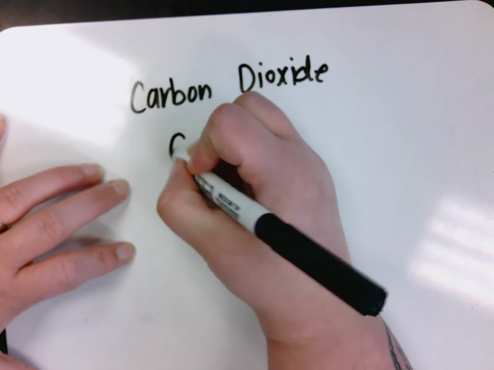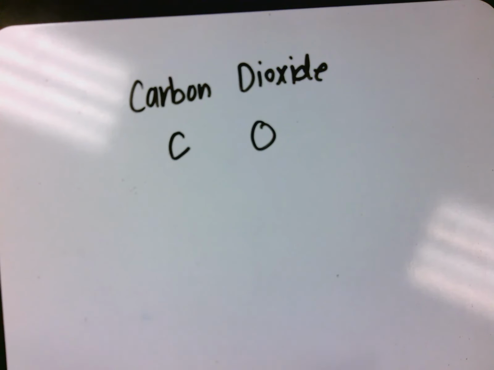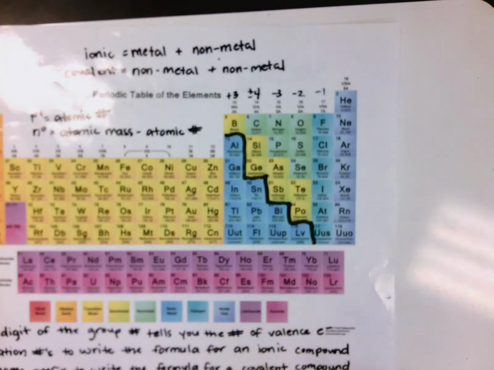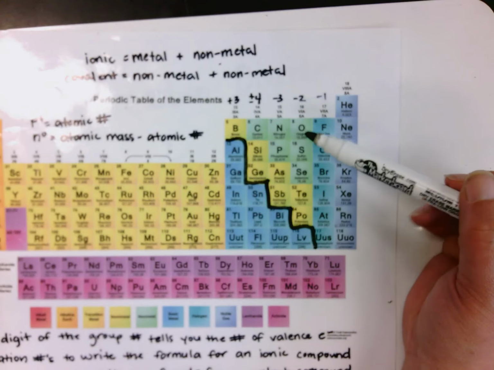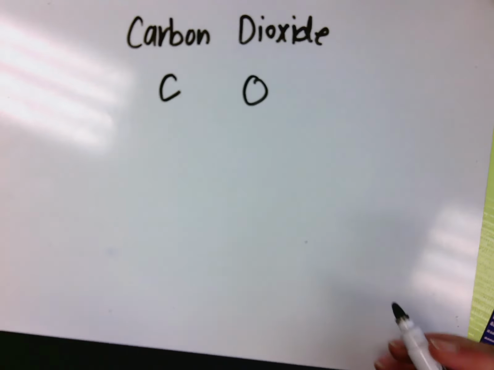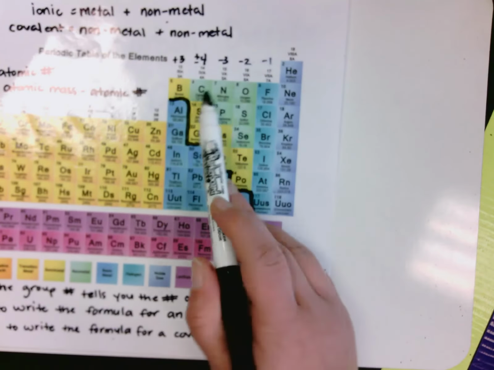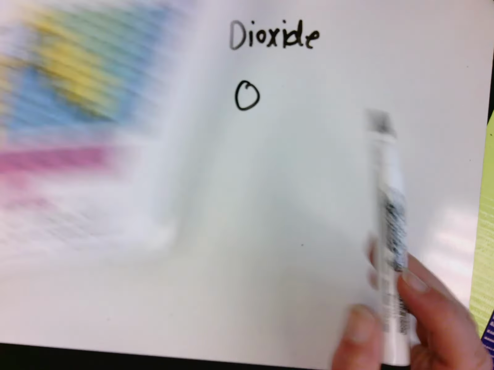We have carbon and oxygen involved in this compound. Now we need to figure out, is it ionic or covalent? Remember, in covalent compounds, we share electrons. All right, so these shared electrons are between two nonmetals, so that tells us that this is a covalent compound.